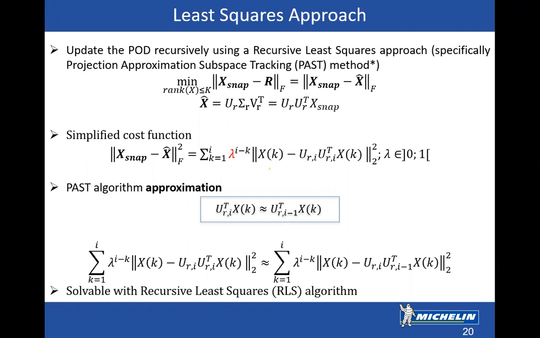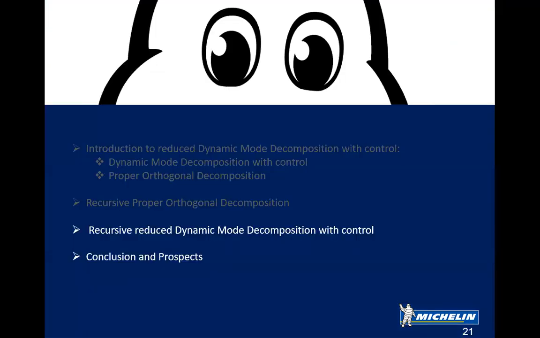I know U_r(i-1) from the step that I've been in, and I know everything here, so I can just find U_r(i) using the recursive least squares algorithm. So at each time step, I'm updating my U_r(i). We've updated U_r(i). Now we can proceed to the recursive reduced dynamic mode decomposition with control. We will merge them together to find the model and then test them.